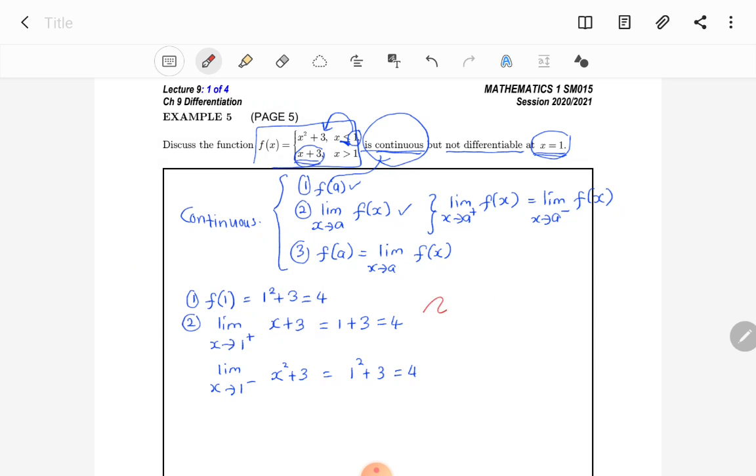From the calculations here, we can say that the limit of f(x) as x approaches 1 positive is equal to the limit of f(x) as x approaches 1 negative. Therefore, in general, the limit of f(x) as x approaches 1 exists and equals 4.